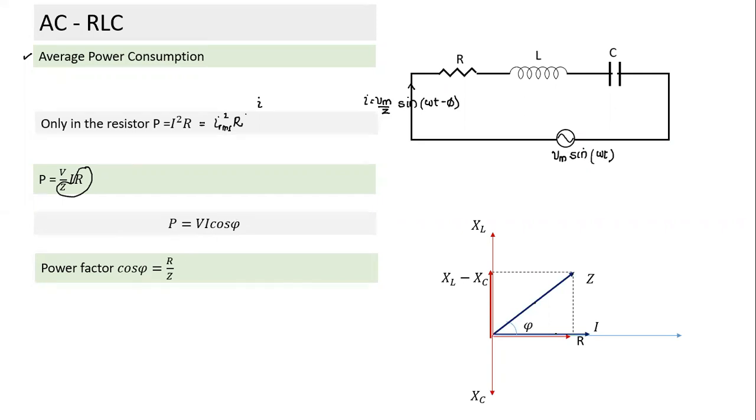Let's try to understand why it is called power factor and why it is useful. All of you know, in industry as well as household, there is a power meter. It measures the amount of energy you consume.